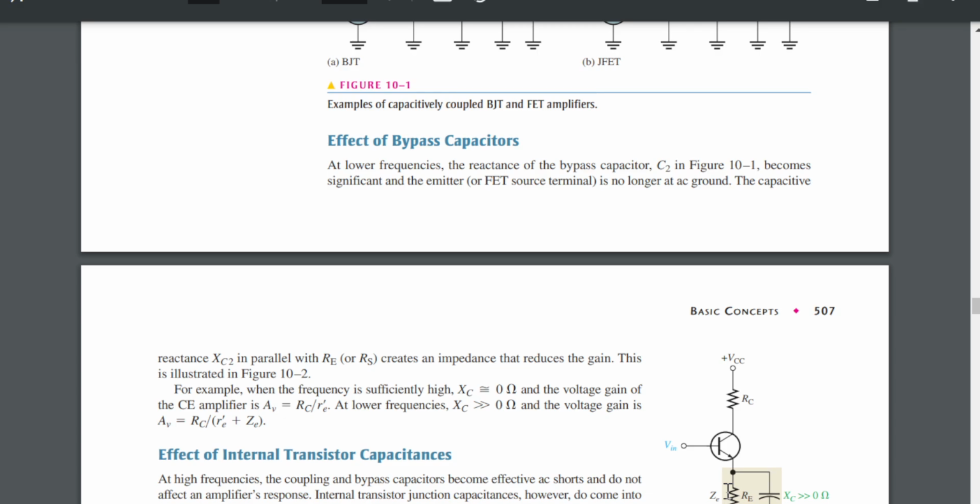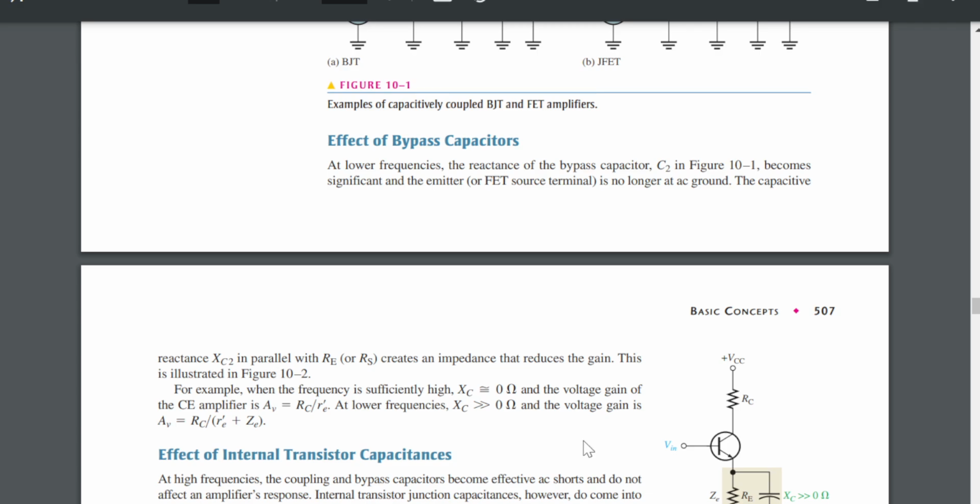When the capacitive reactance is 0, there is no effect and no voltage drop, and we have only the internal resistance. So the voltage gain equals the collector resistance over the internal resistance of the emitter. There is no capacitive reactance because it is almost equal to 0.